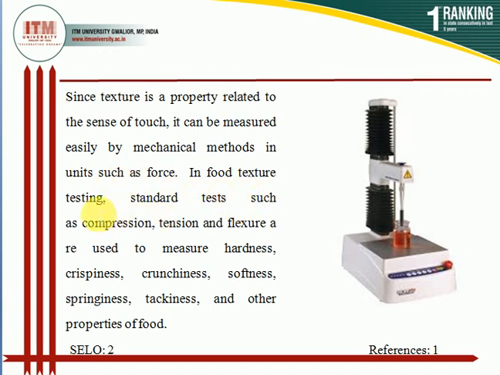In food texture testing, standard tests such as compression, tension, and flexure are used to measure hardness, crispiness, crunchiness, softness, springiness, tackiness, and other properties of the food.